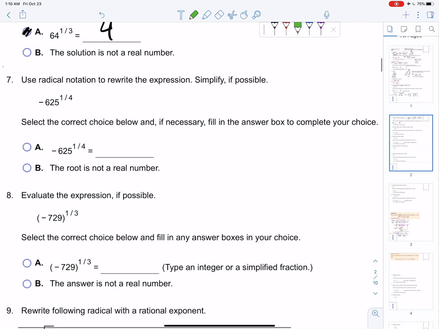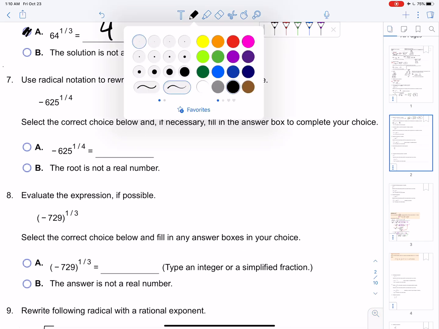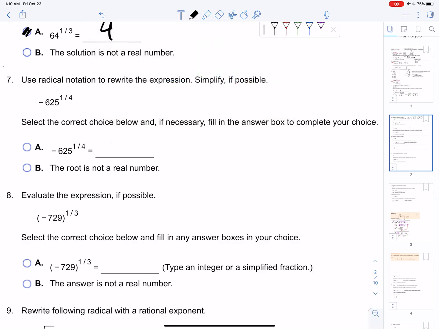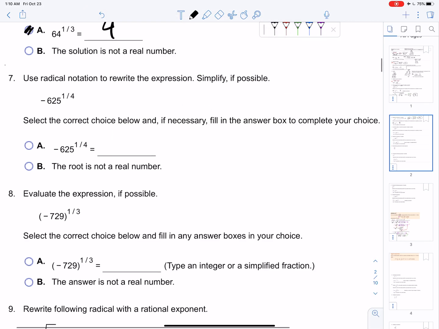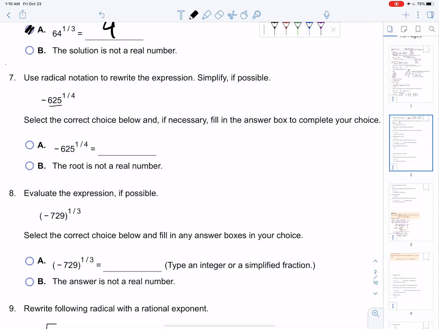Okay, so when we're taking a look at this, make that smaller. Once again, the radicand, the base, is not negative. So that negative is not included when we turn this into a radical. Okay, so inside is just 625.